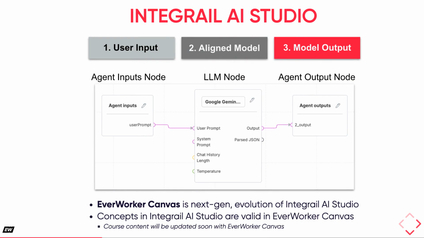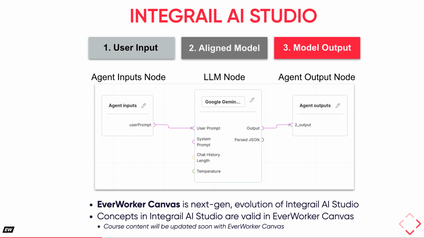Throughout this course, we'll use Integrail AI Studio as an example of a platform for building AI assistants, agents, and workers without requiring extensive coding. This diagram shows a representation of how a conversational AI assistant can be created in Integrail AI Studio. User input is captured via an agent inputs node, then processed by an LLM node, which represents the aligned model.